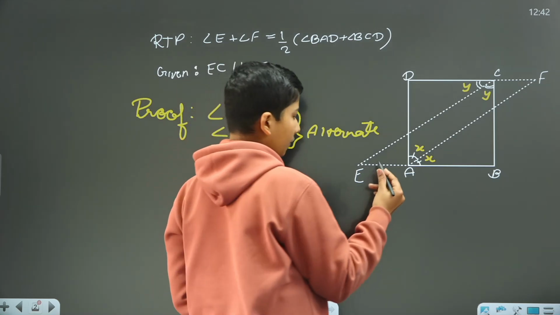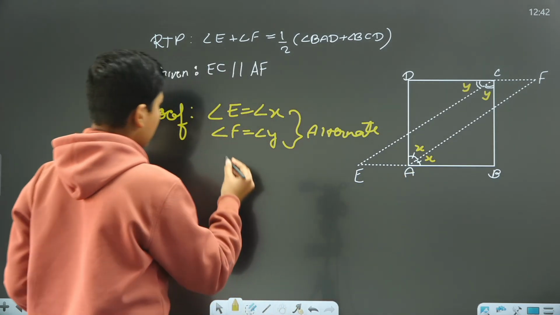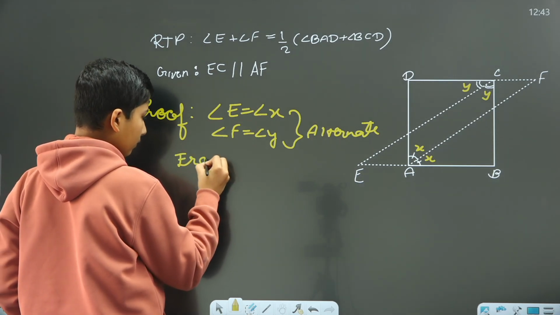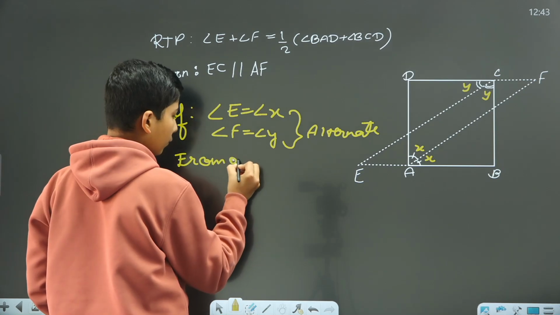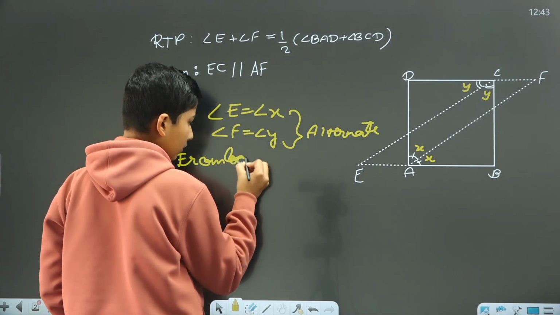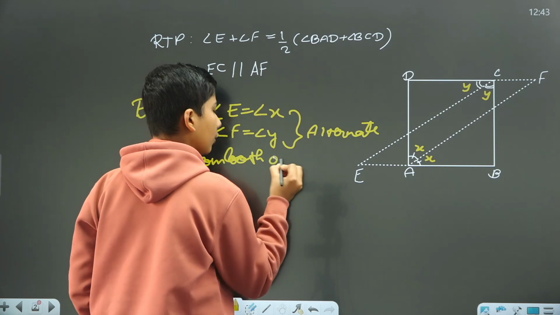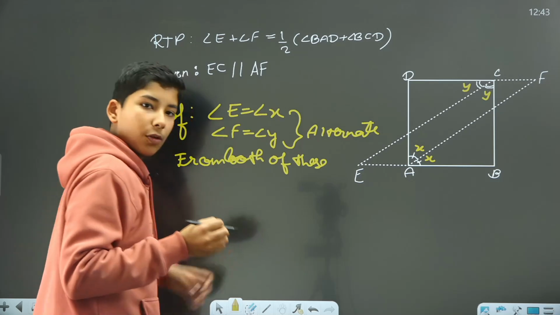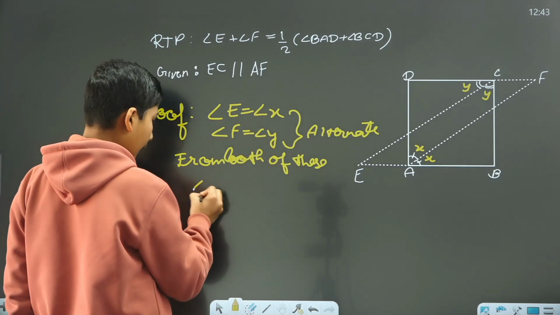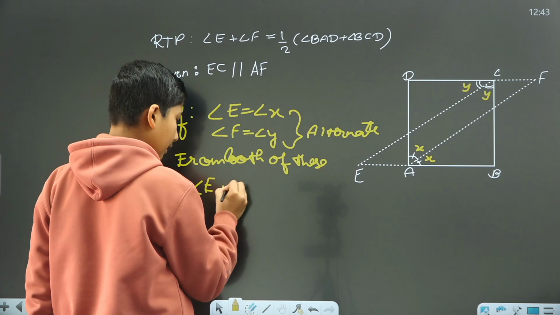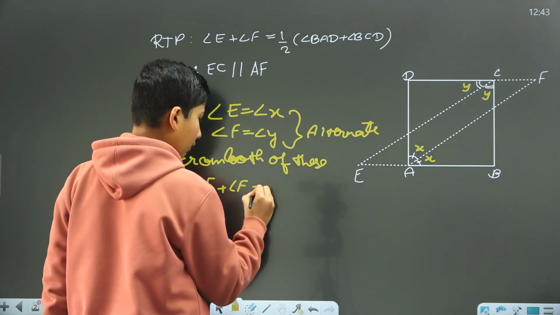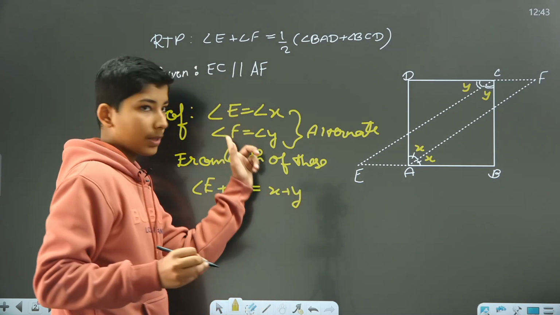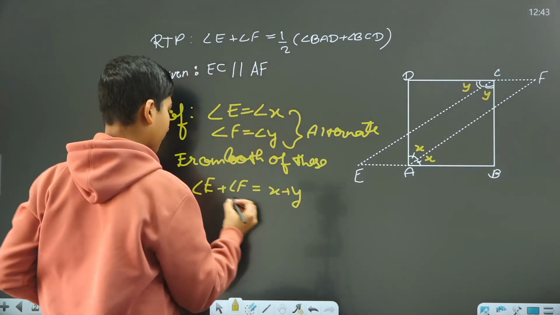So now from both of these we will write angle E plus angle F equal to X plus Y, meaning this plus this equal to this plus this.